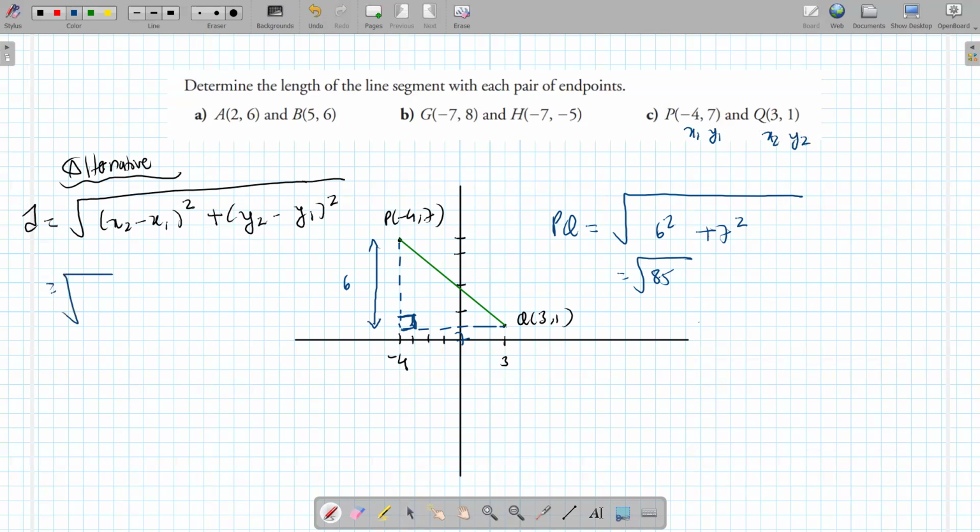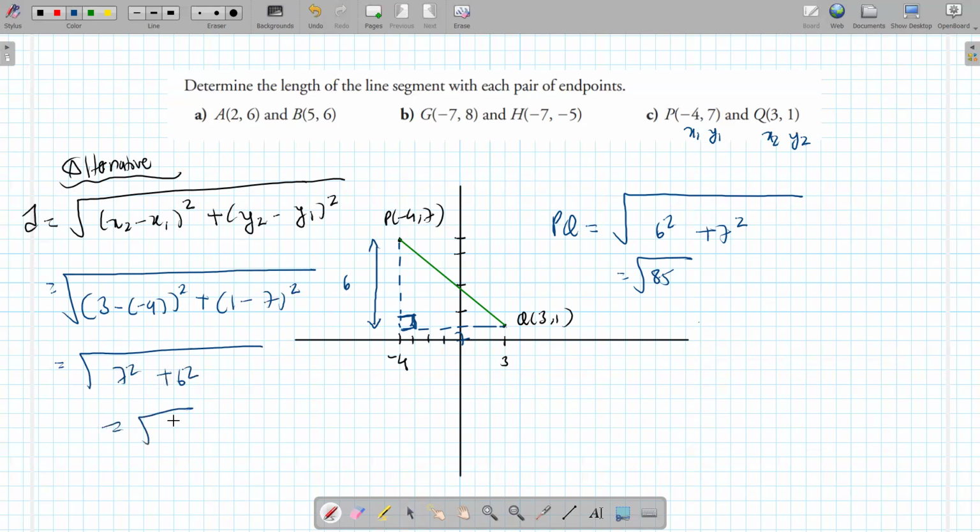So let me plug that in. x2 is 3 minus -4, squared, plus 1 minus 7, squared. When we do this, we get 7 squared plus 6 squared, which is what we had there as well. So this is the formula approach, and the other is the geometry approach by sketching it.